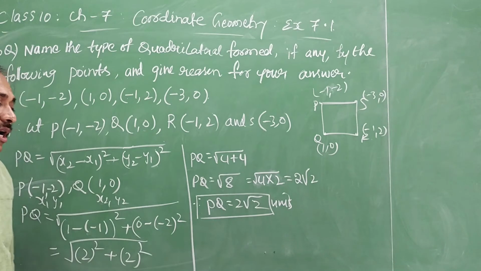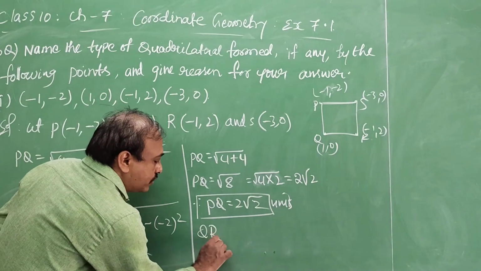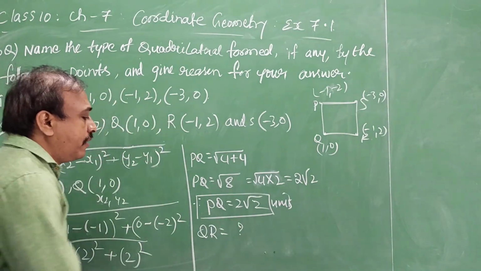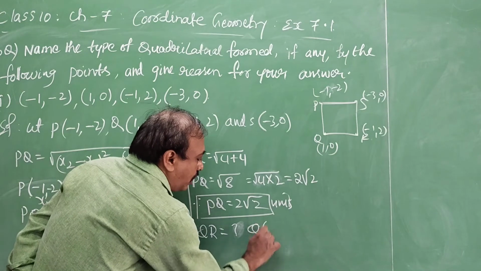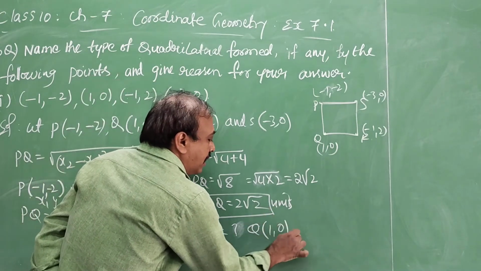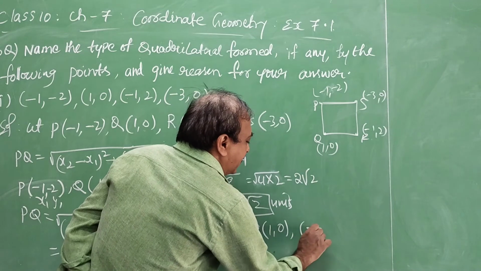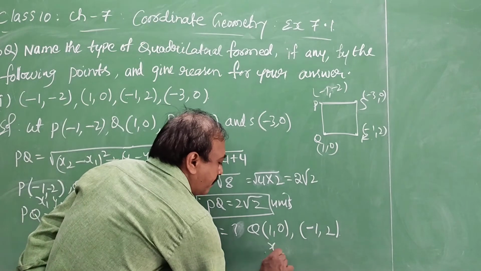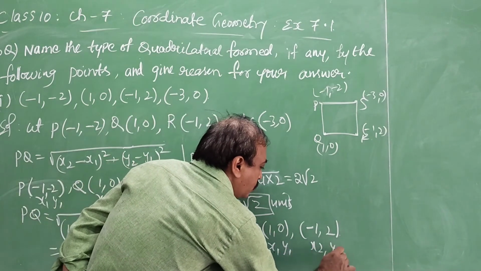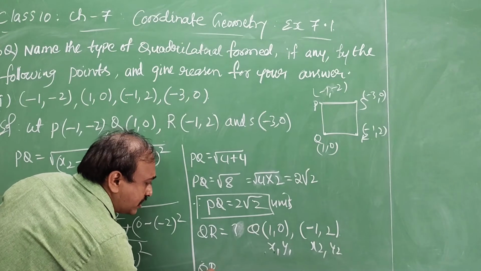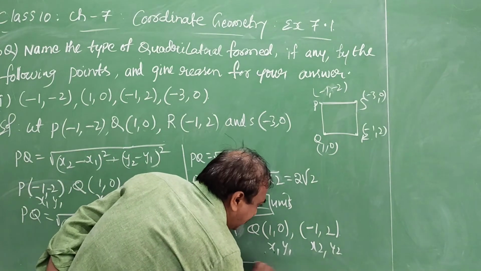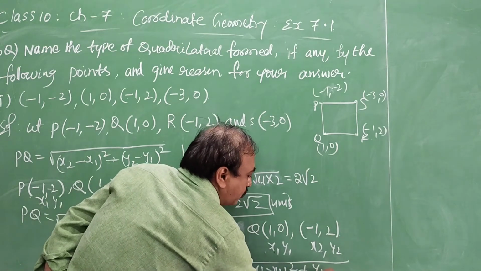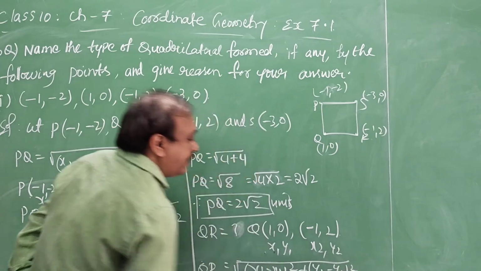Now find out QR. Same formula we will apply, where Q coordinates are 1, 0 and R coordinates are -1, 2. So this is x1, y1, x2, y2. So QR is equal to the distance, root of (x2 minus x1) whole square plus (y2 minus y1) whole square.